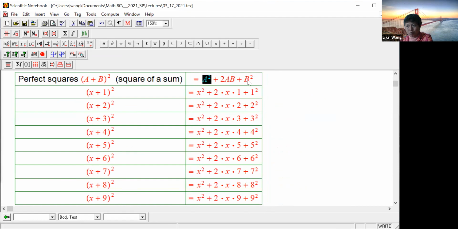We have two perfect squares here, one for each number in the sum, and the middle term is 2 times A times B. All of these fell into the same pattern.